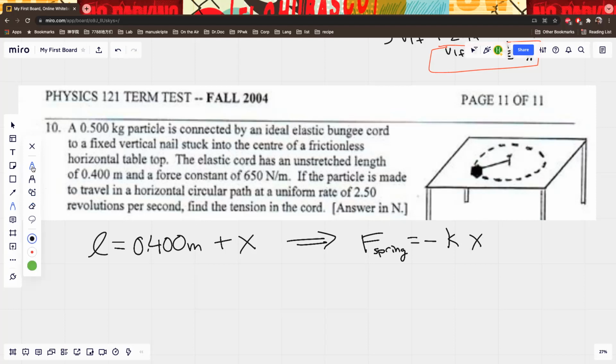Okay, so for this type of problem where they're talking about tension, it's good to think of the free body diagram of the mass. So here we have the mass, and what are all the forces acting on it?